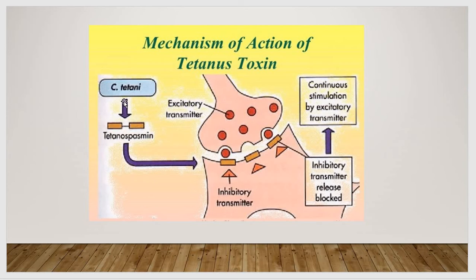In this, the bacteria lodges here, and the inhibitory transmitter release is blocked, but there is continuous stimulation by excitatory transmitter, but the relaxation does not occur because the inhibitory transmitter release is blocked. So this is basically the pathogenesis, how it occurs.